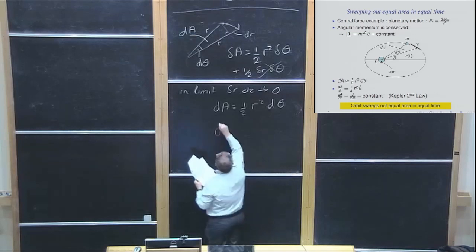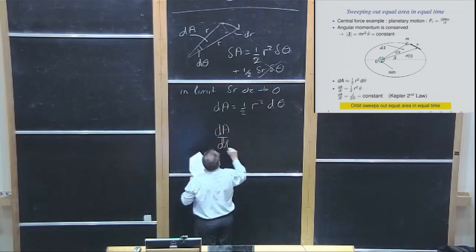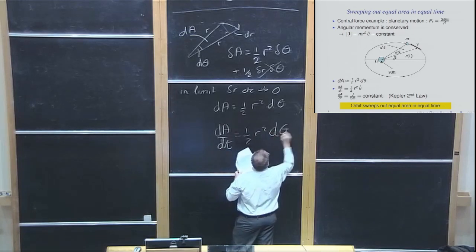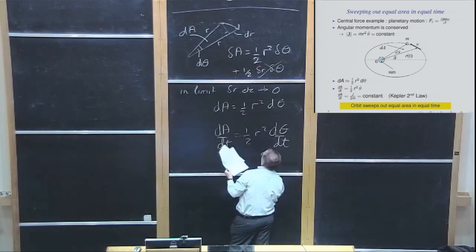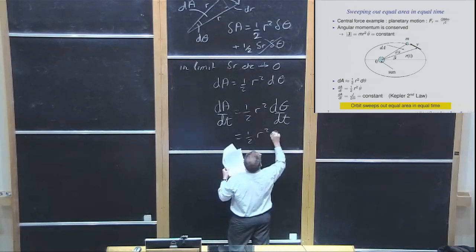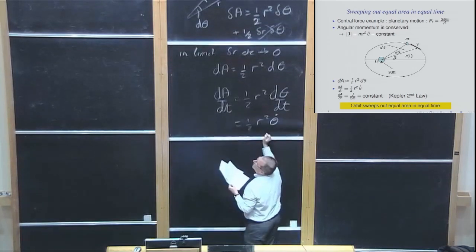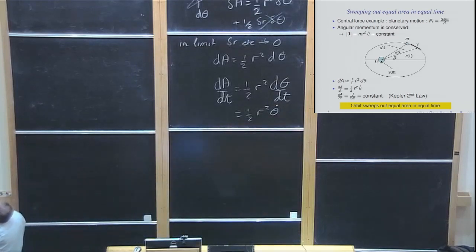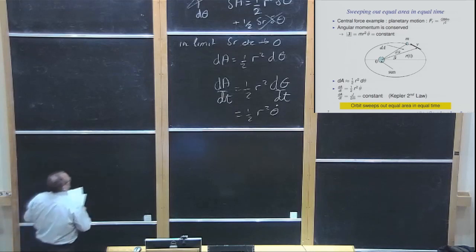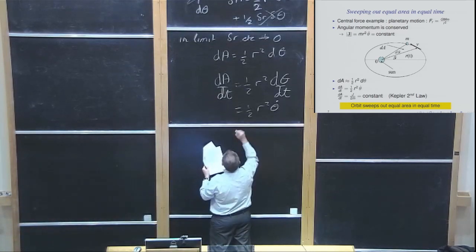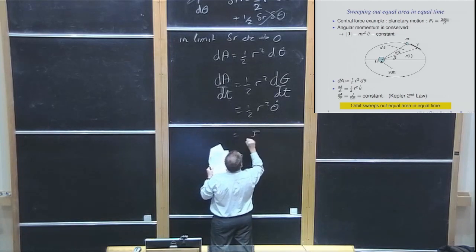We can then divide through by dt, and there's a half r squared theta dot. We look at that and we say, aha, I know an expression with theta dot in it, that is J, and so I can write this as J over 2m.